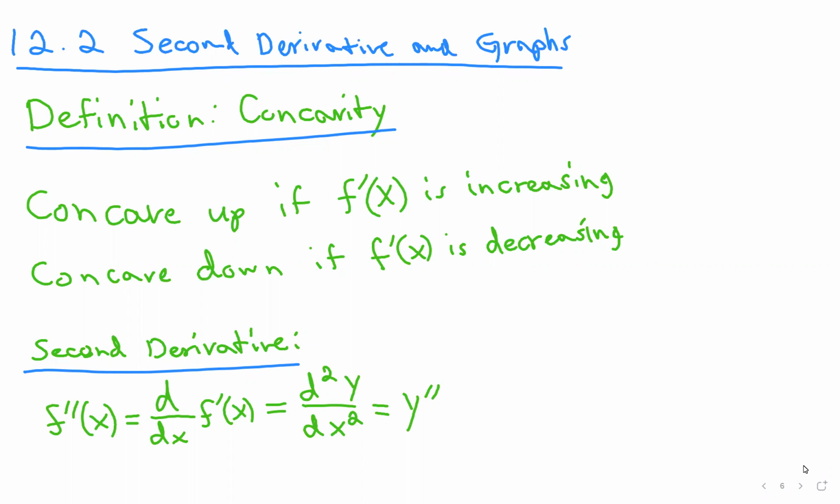So what that basically means is if you had a function that you wanted to look at, and you already had the plot of the first derivative, you could see areas where the first derivative may be increasing over a certain interval.